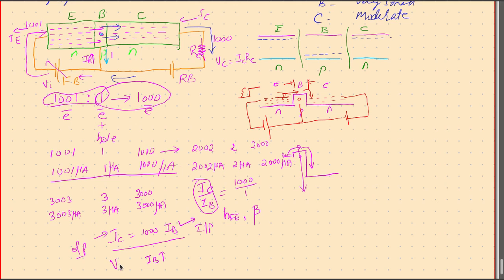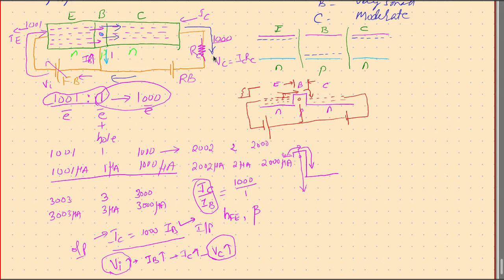So if VI increases, then IB increases. If IB increases, IC increases. If IC increases, then VC also increases. So if you modify the input voltage, you can see a change in the output voltage.